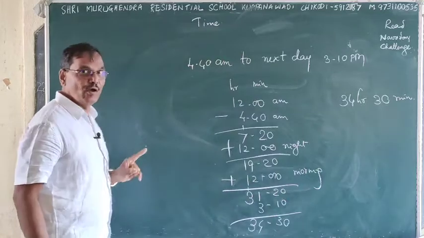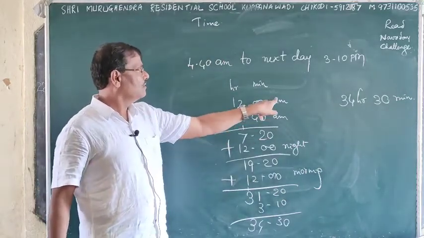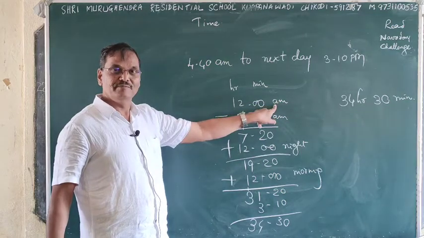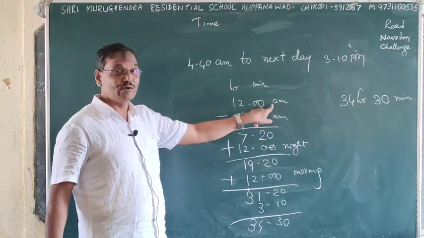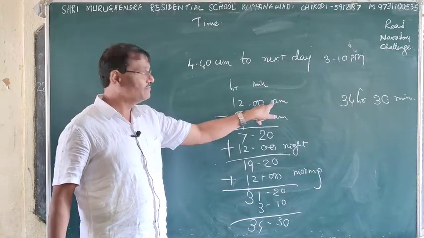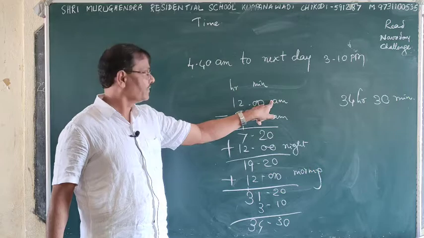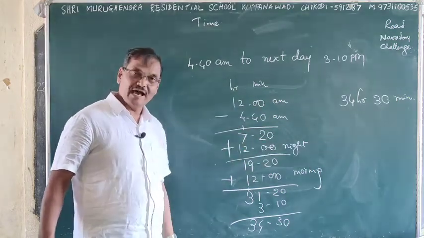Okay, how you have to calculate: 4:40 a.m. to 12 a.m. Understood? This is 12 a.m. 4:40 a.m. to 12 a.m., and the difference is 12 hours.